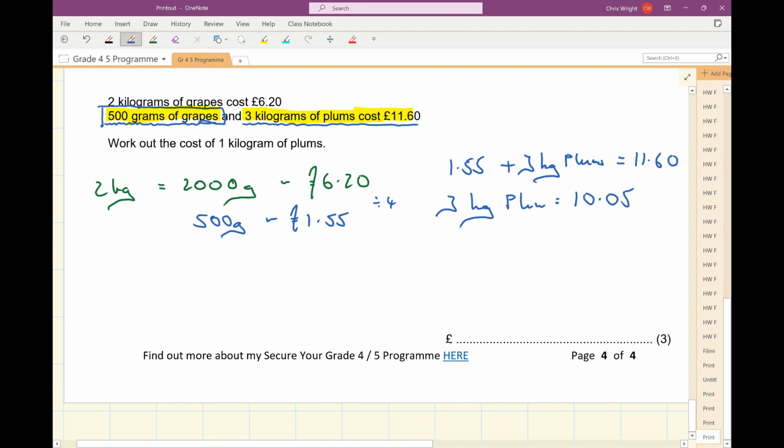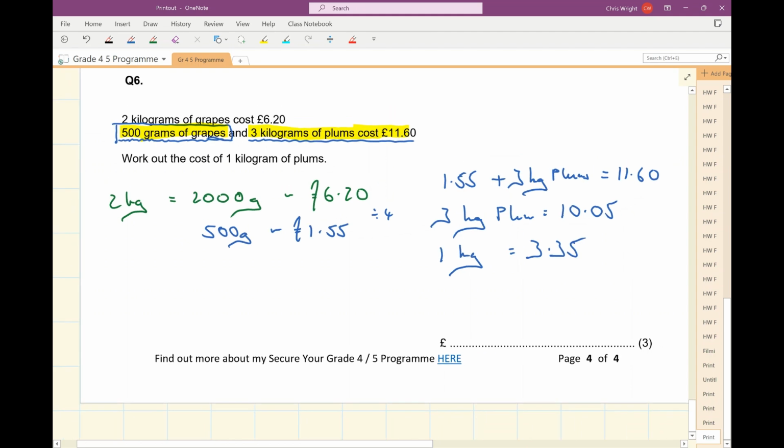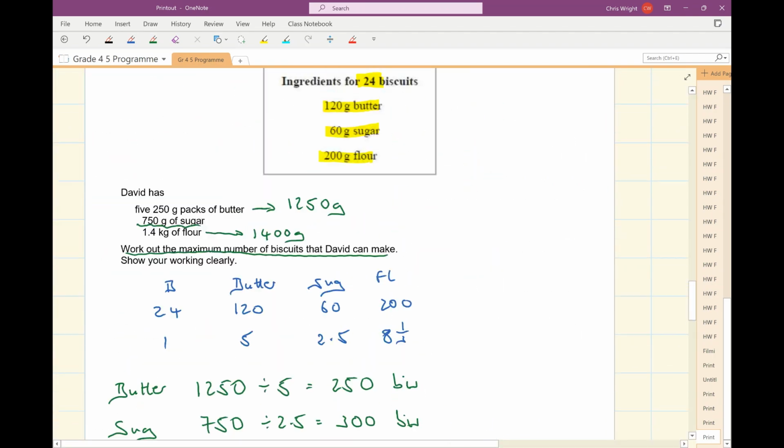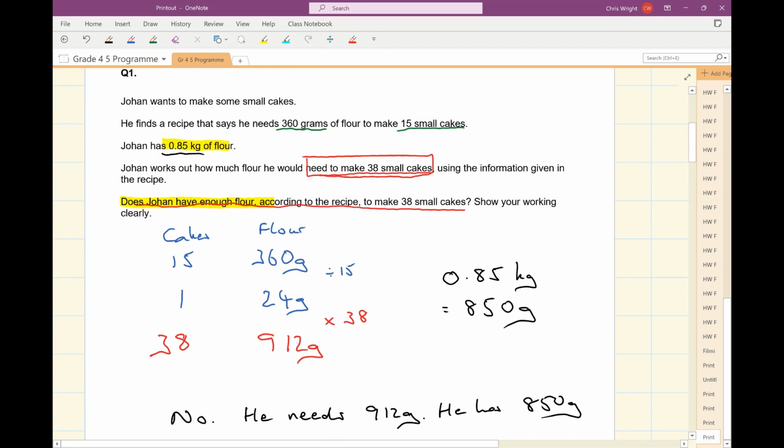So 1 kilogram, I'm going to divide that by 3. So 1 kilogram will cost £3.35. And that is all of those exam questions on proportion, all solved.